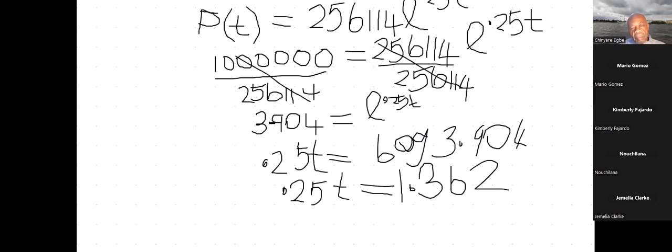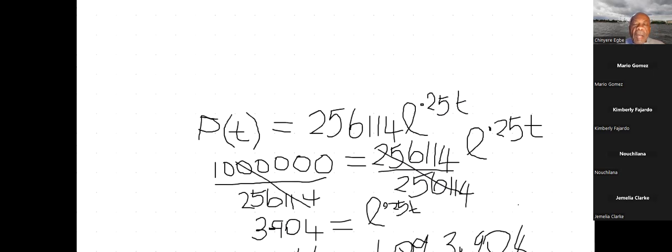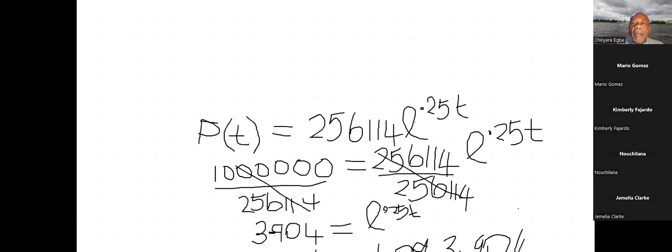Where is the E? Because you mean the T is the E? No, the T is not the E. You can see here we have E to the power 0.25T, is that correct? Yes. Good. Okay.